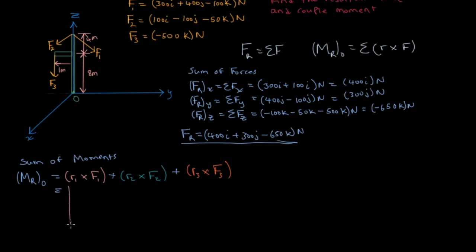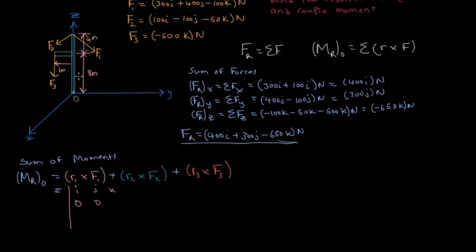And so what that will look like is this here. We'll put in our table, so we have the i term, the j, and the k. That's for this vector here. And so for F1, what is the distance, what is r? That would be the distance from the origin to this force here. Well, it has no x component, so r would be 0. It has no y component, so it'll also be 0.